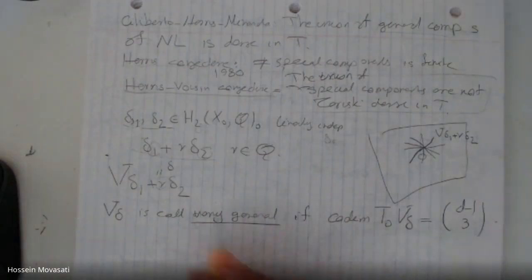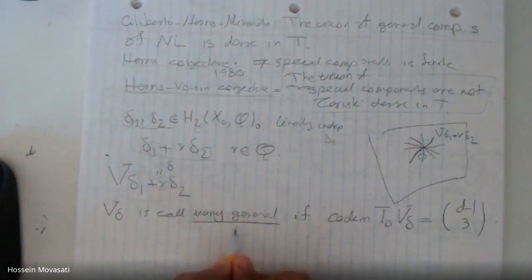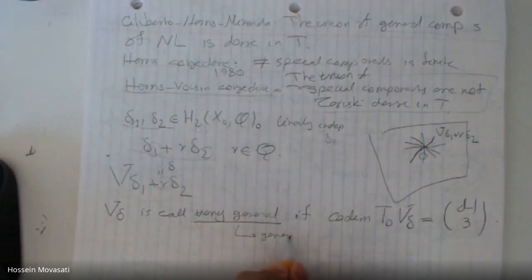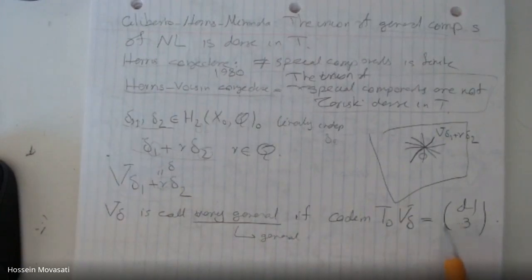And again, very general implies general, because when the tangent space of some analytic scheme is of maximal codimension.